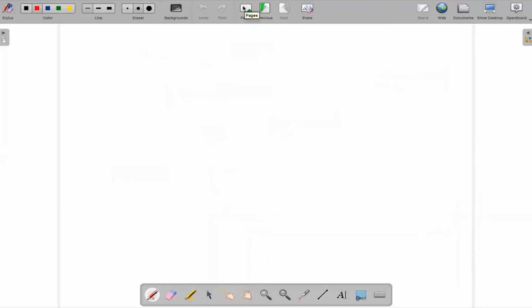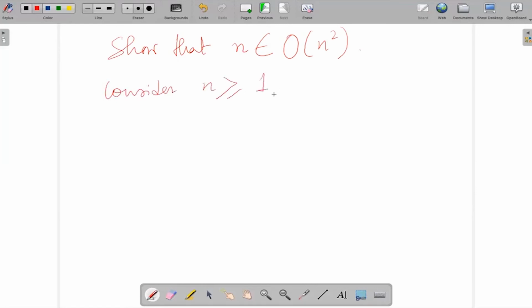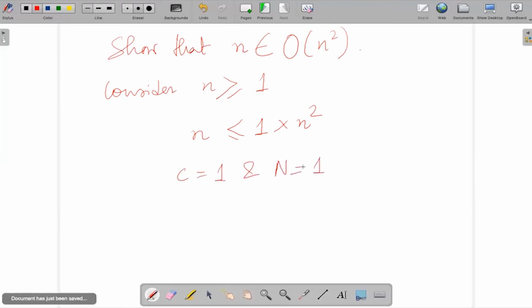One more example. Show that n is big O of n square. Okay. Consider n greater than equal to 1. So you can always write n is less than equal to 1 into n square, and therefore for C equal to 1 and capital N equal to 1, we can say n is big O of n square, right?